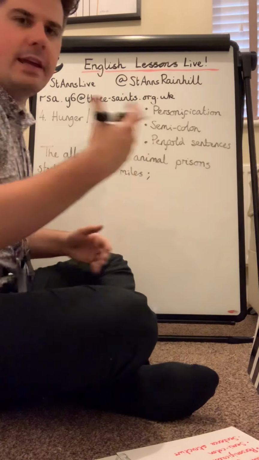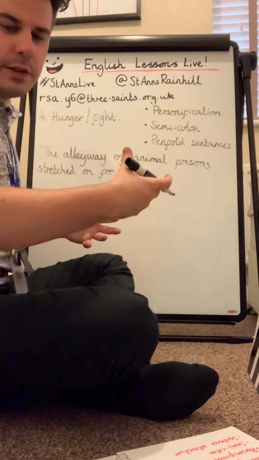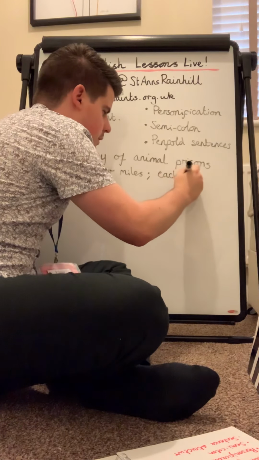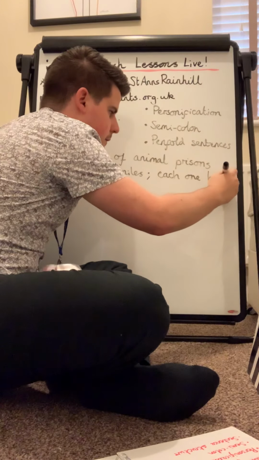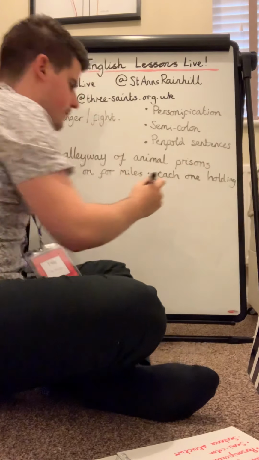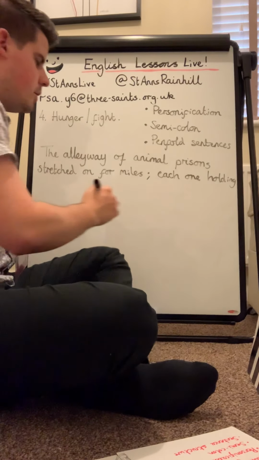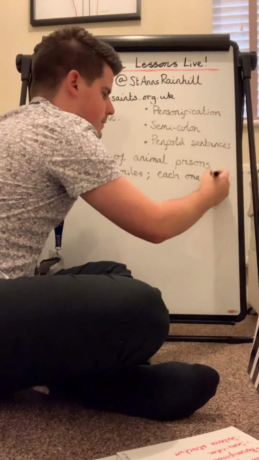So maybe I could say, you know, each animal was looking sadder than the last. So each one, maybe holding, no, I'm gonna have was holding, so it's a full sentence.